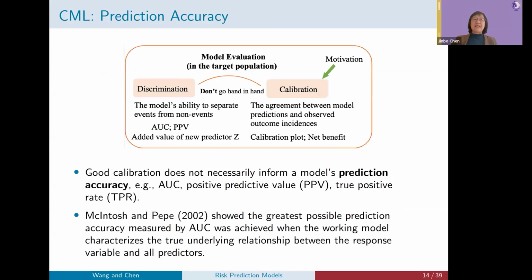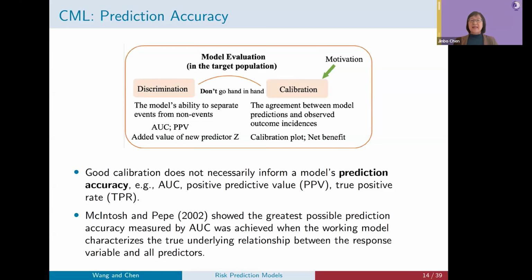A limitation of this approach is that it only enforces the calibration, but we all know that in the prediction setting, good calibration does not necessarily guarantee good accuracy, as quantified by the area under the ROC curve, AUC, predictive value, and so on, with the standard risk predictors.